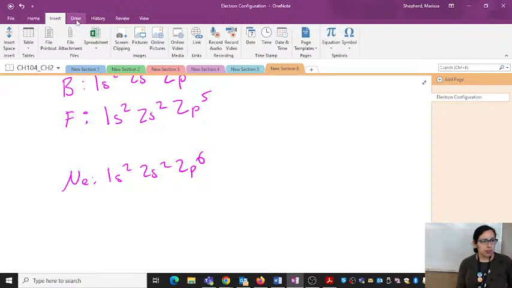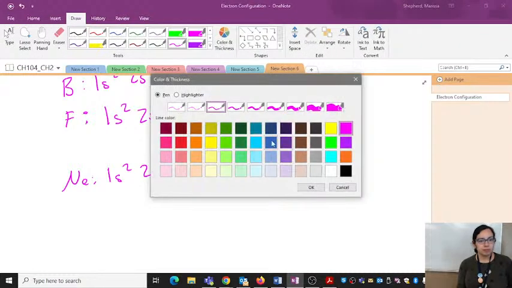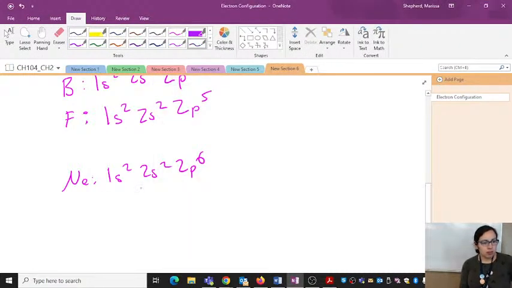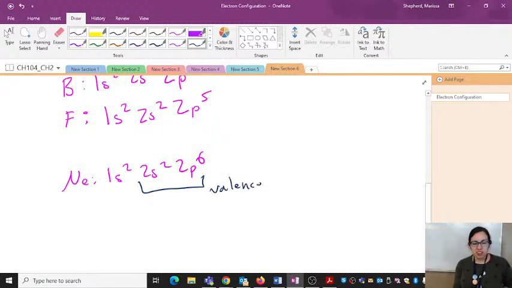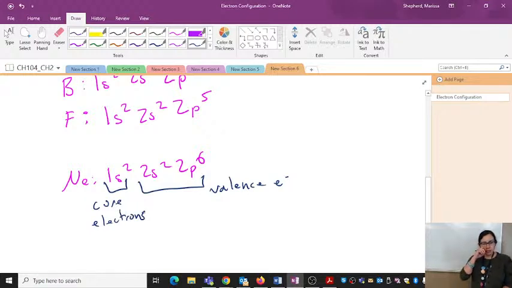These electrons, again, are all in the outermost shell, so these would be considered its valence electrons. And these 2 inner ones can be considered our core electrons. Anytime we're looking at reactivity and how things react, we're always focusing on our valence electrons.